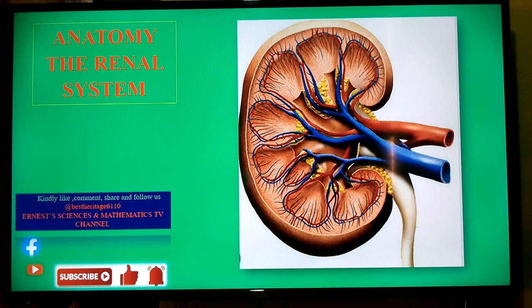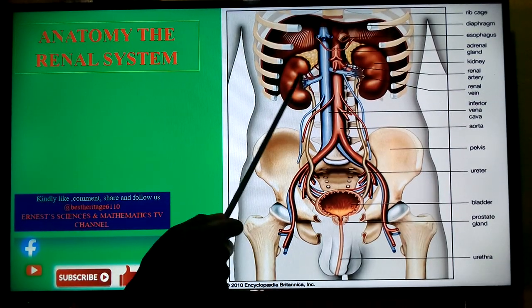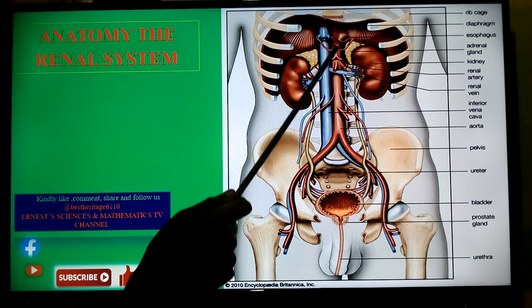So I'm going to look at these specific parts in an expanded form, so that we can appreciate the collaboration between the kidney and other parts of the blood supply system that I mentioned earlier, basically the renal vein and the renal artery.